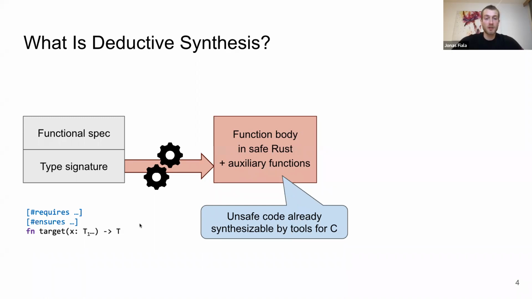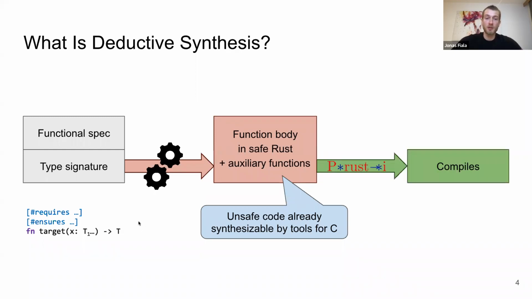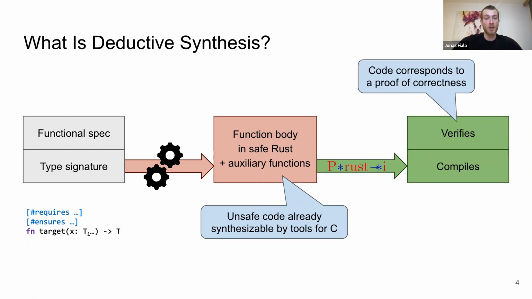What we want is that if we give the result to a compiler or a verifier, such as Prusti here, it will both compile and verify straight away, with no back and forth. By construction, the synthesizer will give you a solution which is correct. And why is it called deductive synthesis? Well, what the synthesizer is actually doing is looking for a correctness proof.